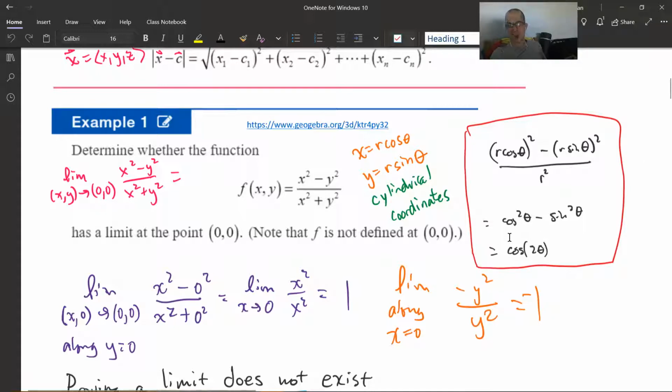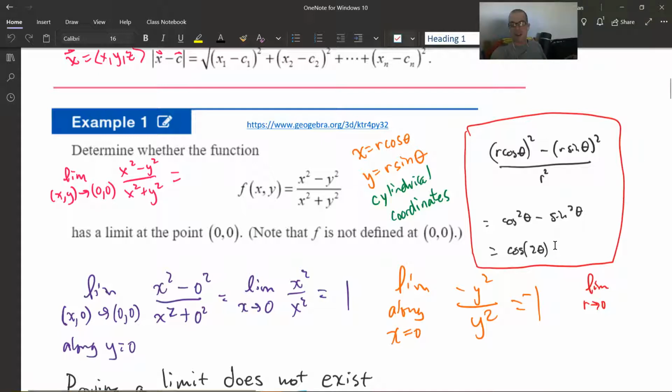And the result of cosine of 2 theta just means that as we let theta vary between 0 and 2 pi, cosine's going to be able to go in between 1 and -1 as many times as it wants to.